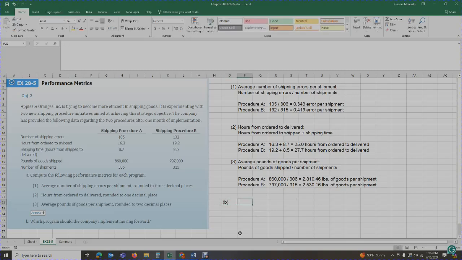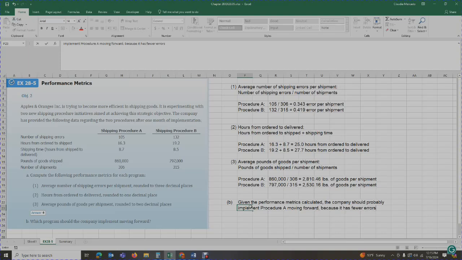Okay, so if we look at the data, given the performance metrics that we just calculated, the company should probably implement procedure A moving forward because it has fewer errors per shipment.